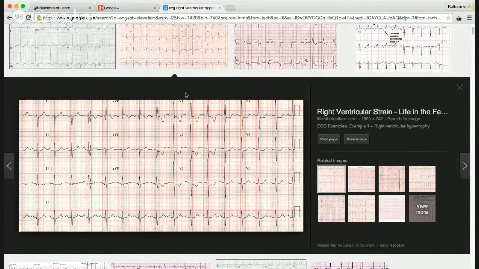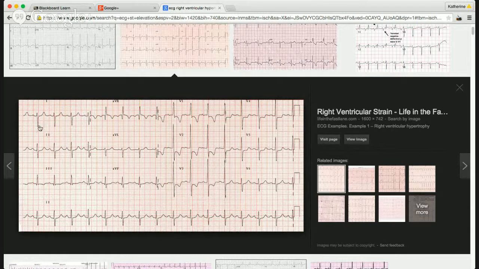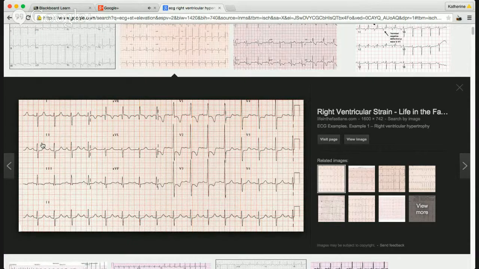Okay, and I am Catherine, and I'm also going to interpret this EKG according to Dubin's method. We'll start with the rate. The ventricular rate is 100, and the atrial rate is around 100 as well. Next is rhythm. It's right on the border of being sinus rhythm or sinus tach.